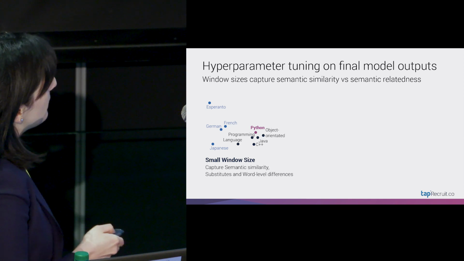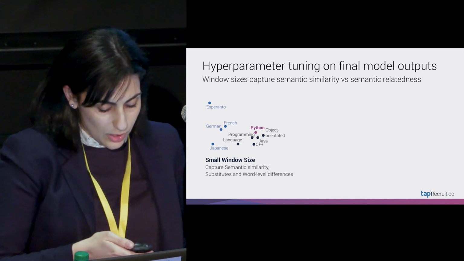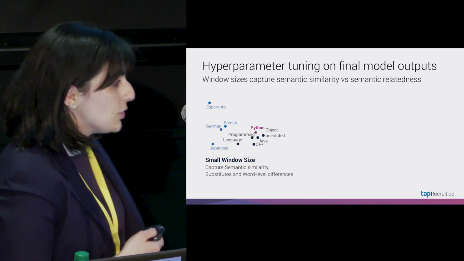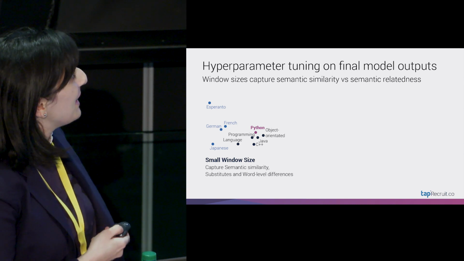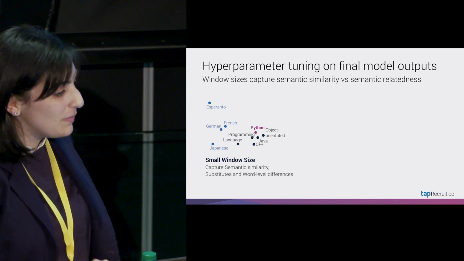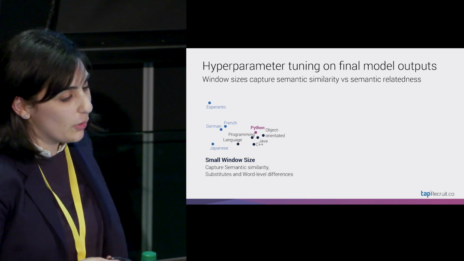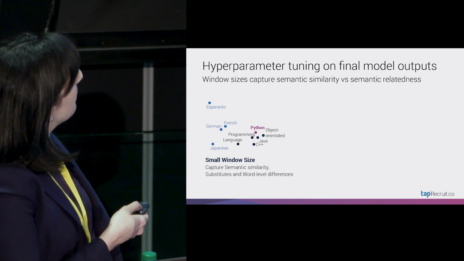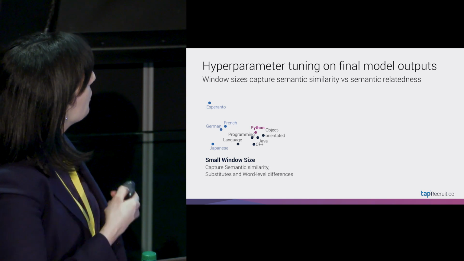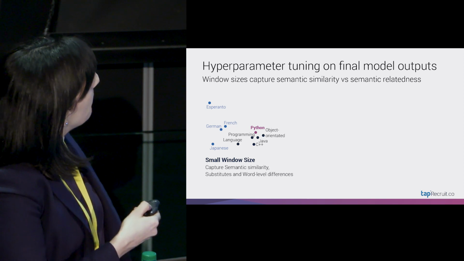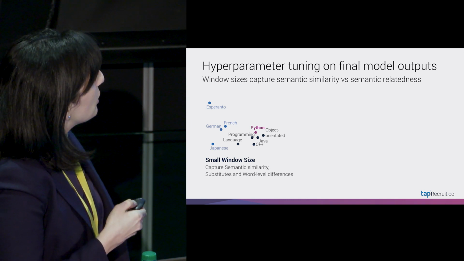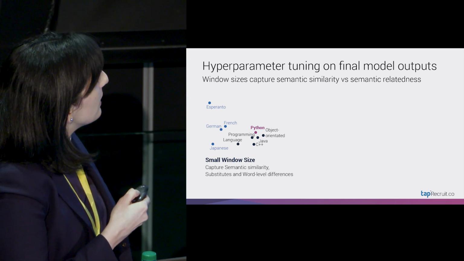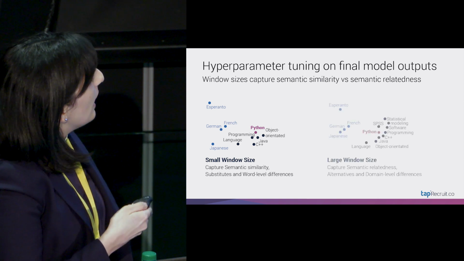One of the things I wanted to talk about is parameter tuning. When you roll your own word embeddings, there's a bunch of tunings that are really important. This is again that toy example that I showed you earlier: when we train with a small window size, you capture semantic similarities, basically words that can substitute for each other.